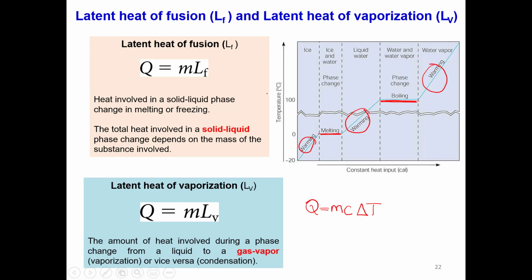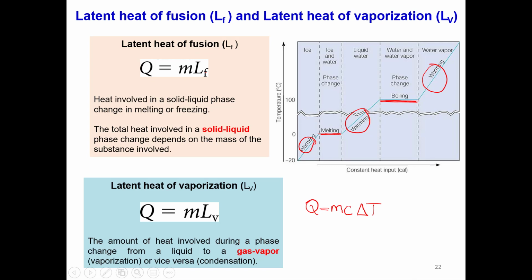Then in this case, how will we calculate the energy or the heat? If we need to calculate the energy of this part, when the substance changes from solid to liquid, then we will use the latent heat of fusion equation.